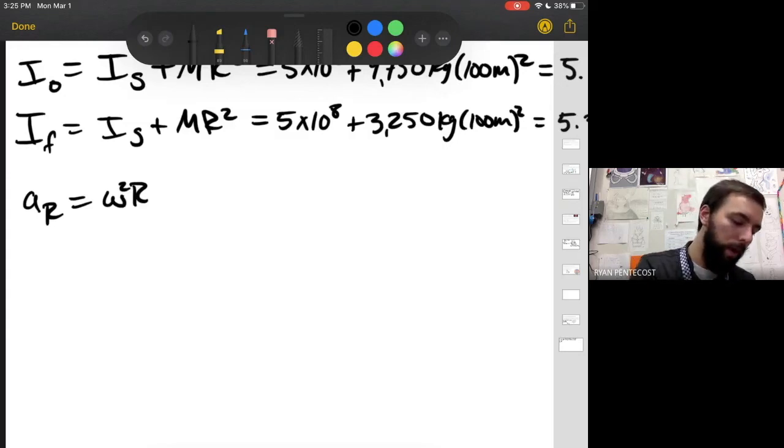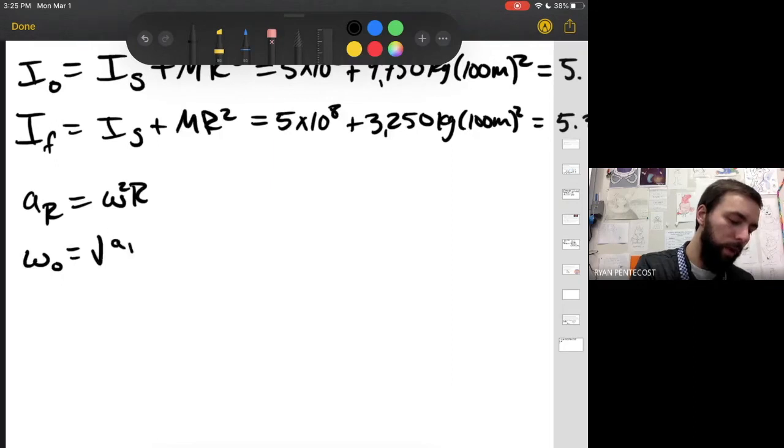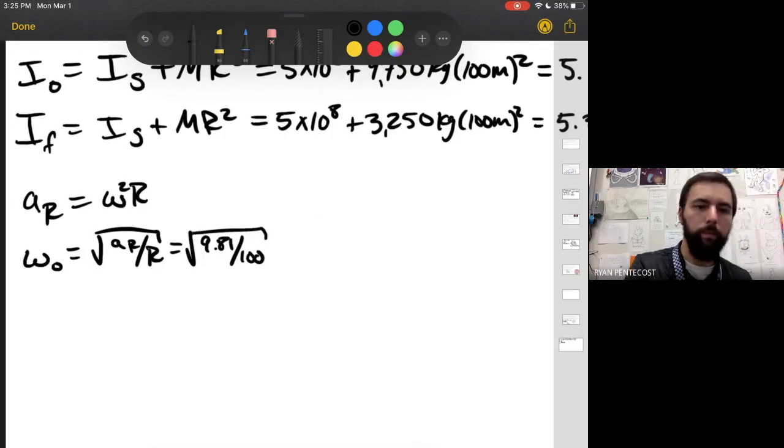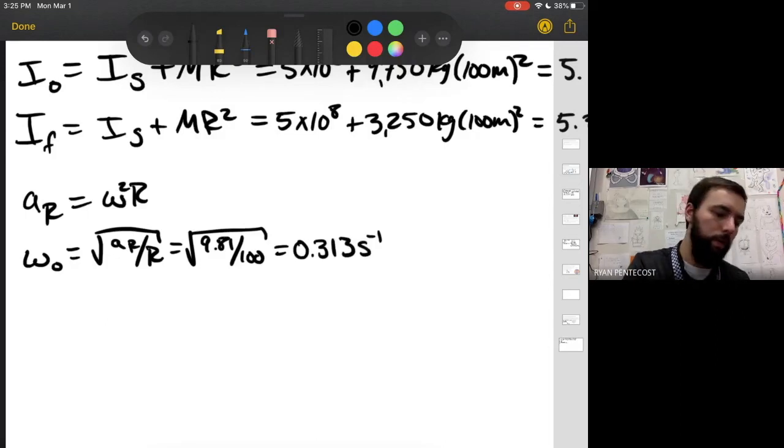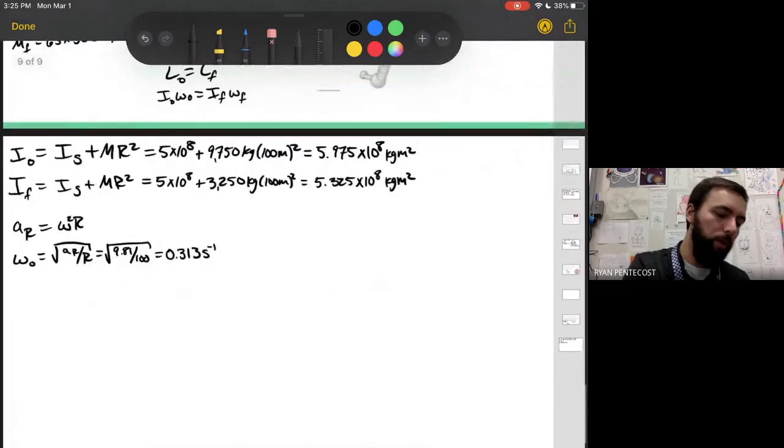So if we want our initial omega, we will take the square root of a over r, which would be the square root of 9.81 divided by 100. And that would be 0.313 inverse seconds.